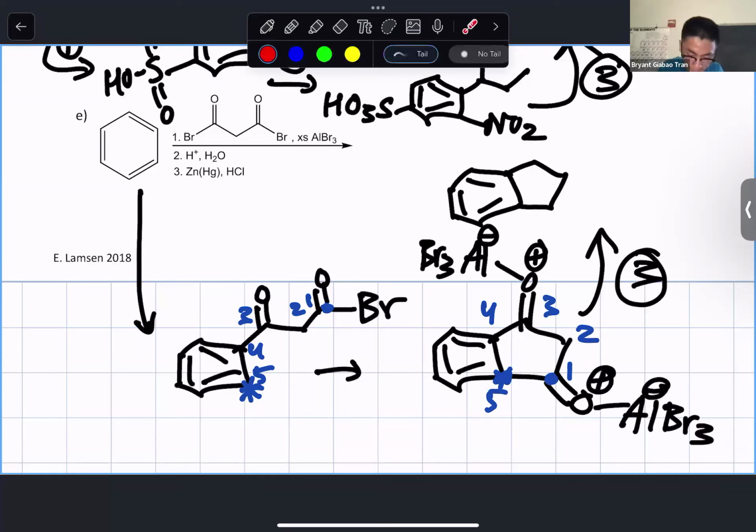And then it just cleaves that whole thing off to get to the carbonyl only. Yeah, the zinc mercury gets rid of the whole carbonyl itself, right? The H plus H2O just gets rid of that metal catalyst. It keeps the carbonyl there, right? Uh-huh. Yeah, the acid workup, the one that washes off the metal catalyst, right?